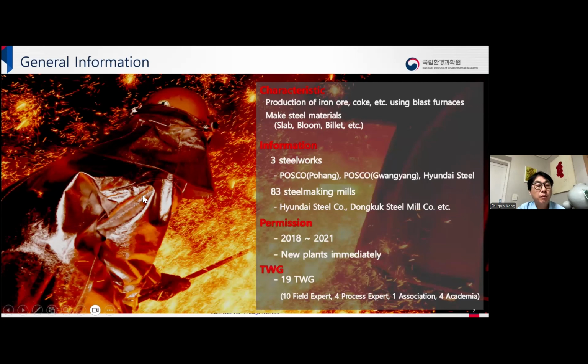Before explaining this general information, I'd like to address that the main difference between the EU and Korea is that in Korea, BAT is not mandatory.